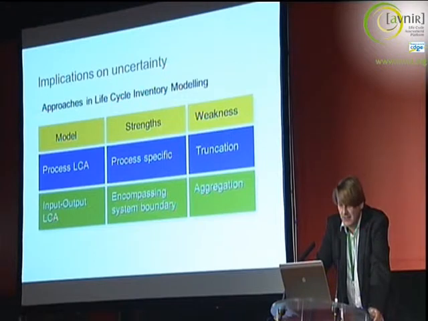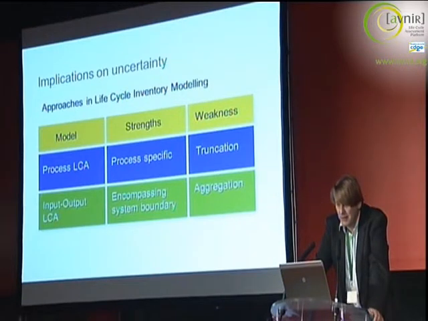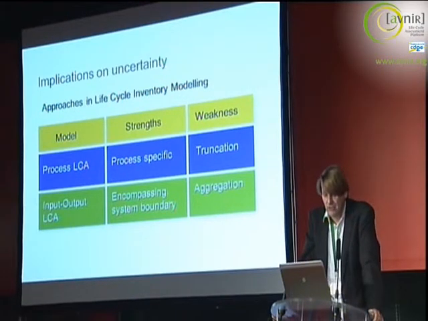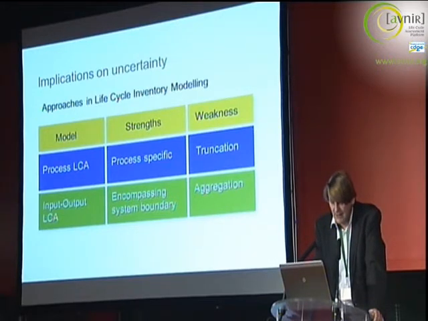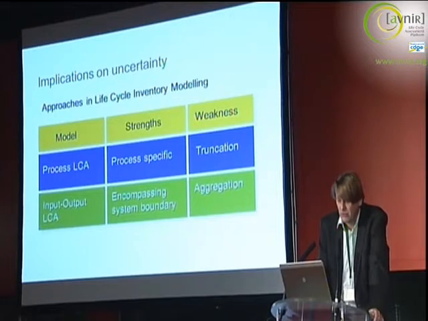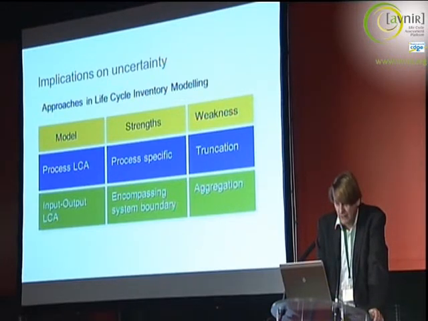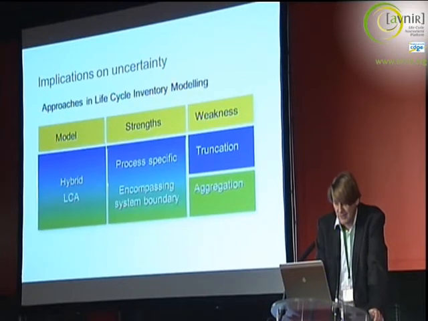In a process life cycle assessment, the strength is that it is process specific. The weakness is that you have to cut off, so you have truncation. The input-output LCA is encompassing in its system boundaries, but you have the problem of huge aggregation, so you don't have the information with the same precision at the product and unit process level, and especially, the smaller the quantity of the product or the specific process, the less you are able to use these data for this purpose.